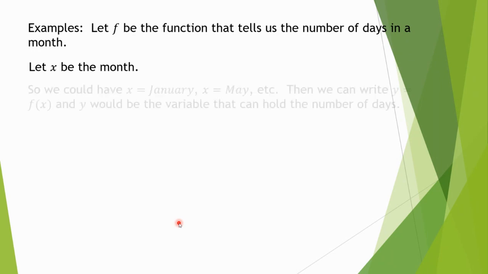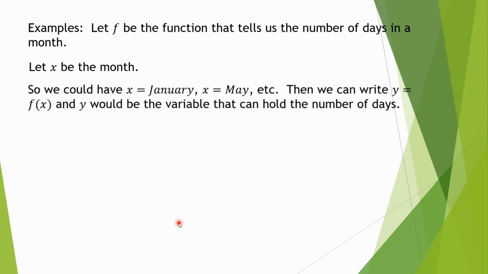So for instance, x could be January, May, April, whatever. And then our output, y, is how many days there are.